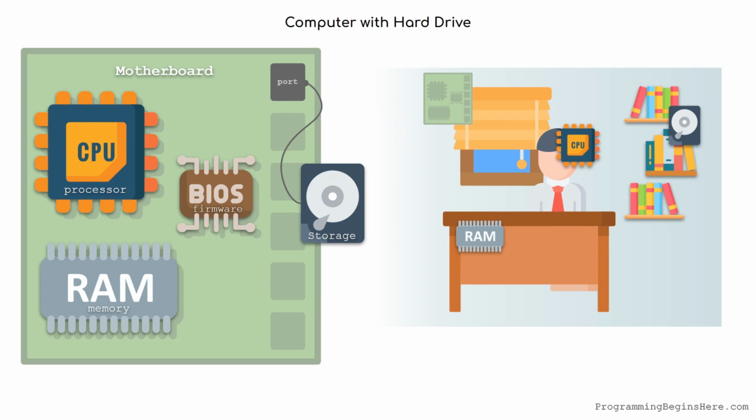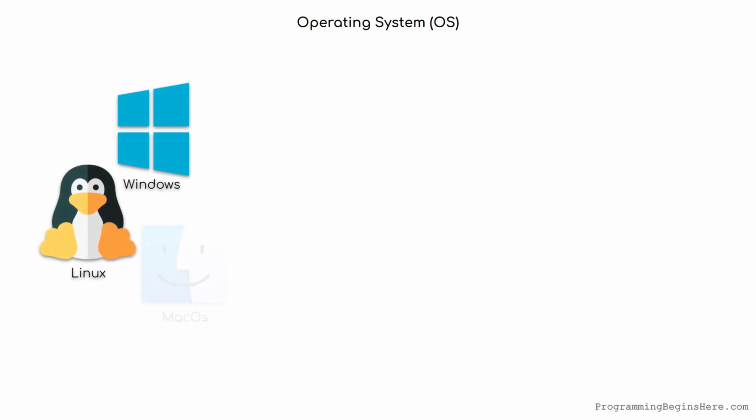Now let's see how the storage helps solve some of the problems we saw with the bare CPU and RAM computer. You might have heard of a so-called operating system, or simply OS. The most popular operating systems are Windows, Linux, and Mac OS. An operating system is just a special kind of program which you usually use when working with the computer, even without thinking much about it.